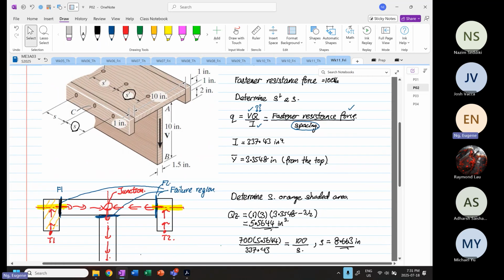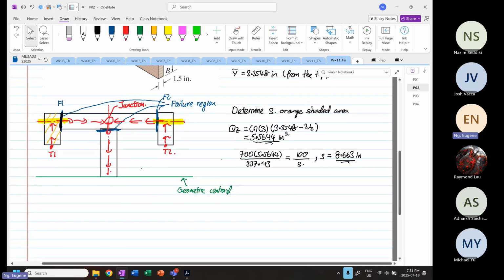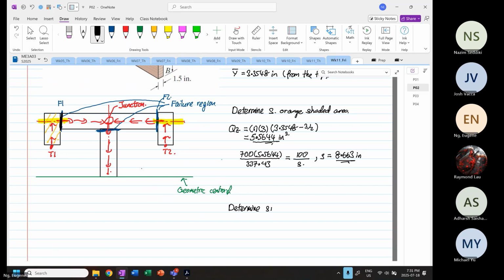So we find S. Then next we want to consider S prime. When we determine S prime, you watch how the shear flow is moving. S prime is affected by failure region number 3.